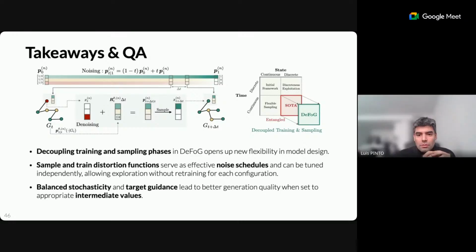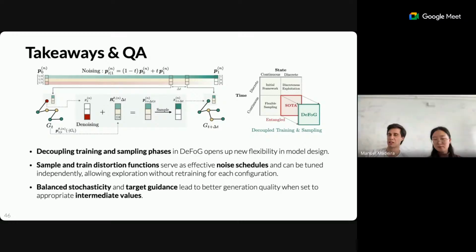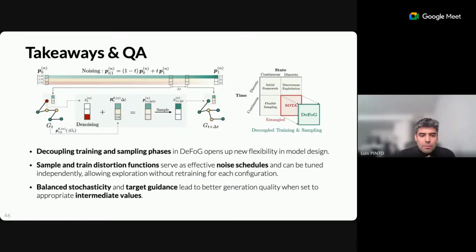For biology, like proteins, I think there's one big model that uses flow matching, and all the rest are diffusion. So I don't know why. I think it might be historical reasons. Yeah, they have a few more years ahead.